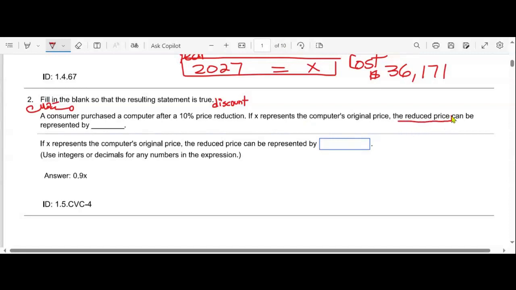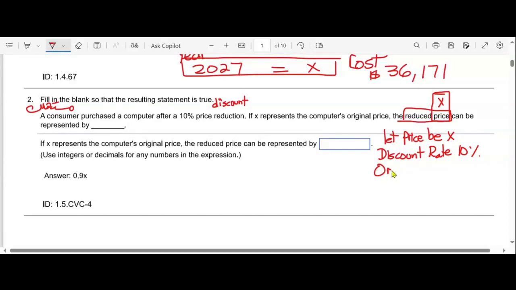Okay, he's looking for the reduced price, right? Do you know the price? No. So we'll say the price is X. We don't know the price, correct? So let the price be X. Now, what is the discount rate? 10%, which equals 0.1.